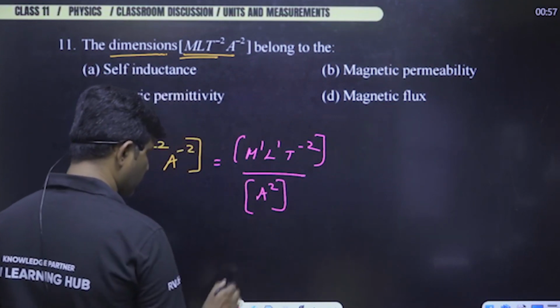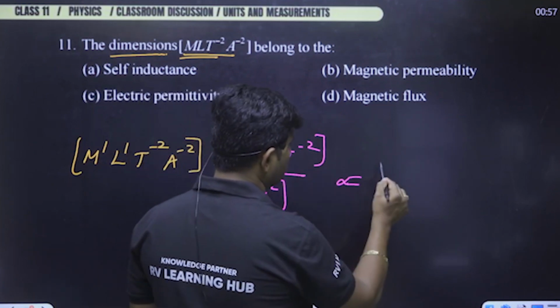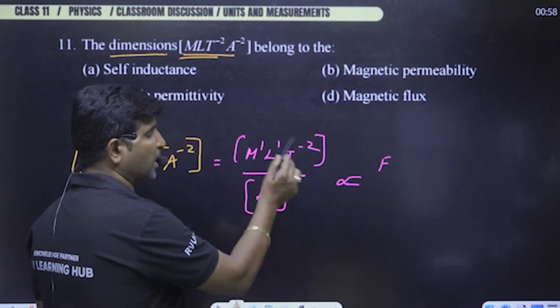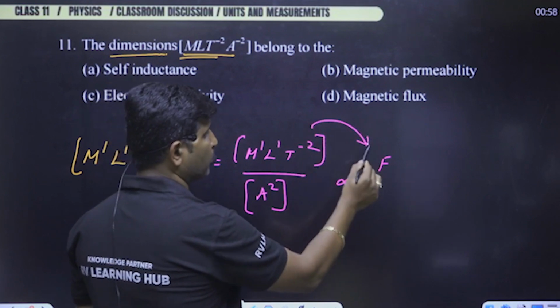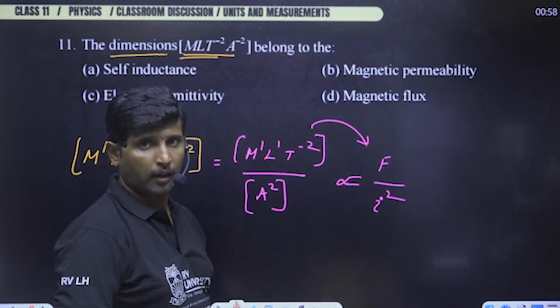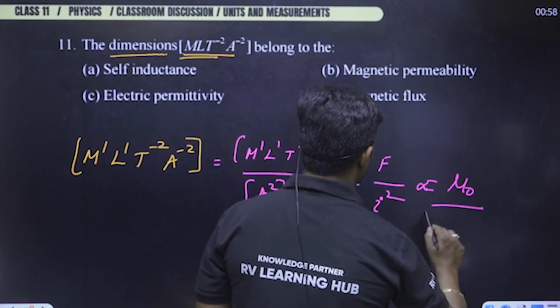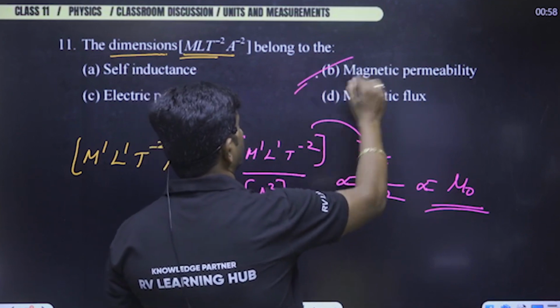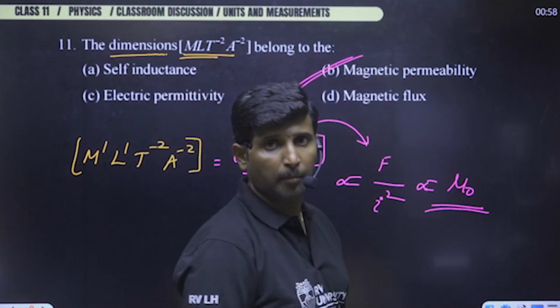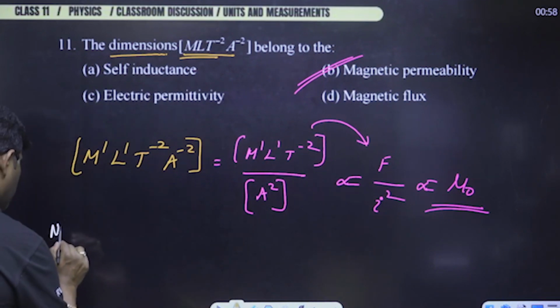So it is proportional to, what does this quantity stand for? This dimensional formula is related to force, and this is related to I square. Therefore, it is proportional to mu naught, that is magnetic permeability. If you want, you can check it.